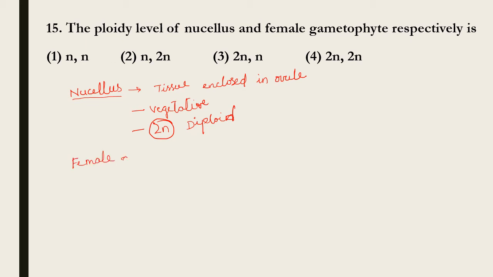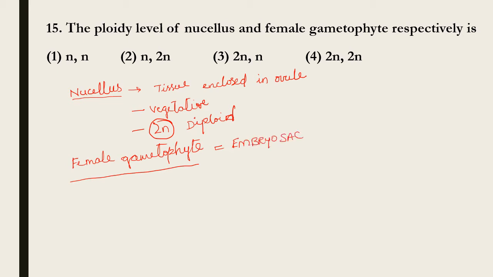We already know how the female gametophyte is formed. Female gametophyte is also called the embryo sac.